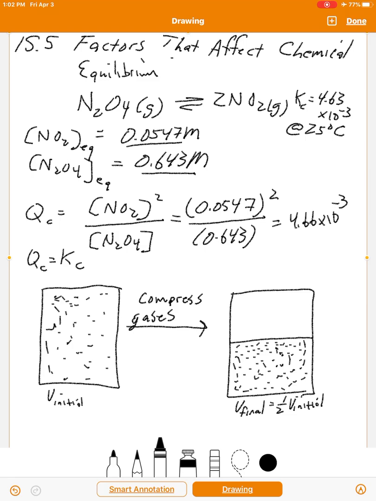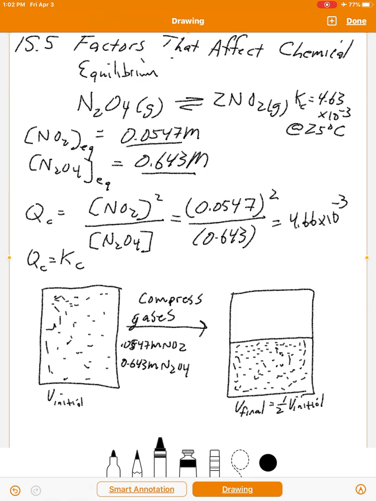So the concentrations that we had here at the beginning, 0.0547 molar NO2 and 0.643 molar N2O4, are now double that.